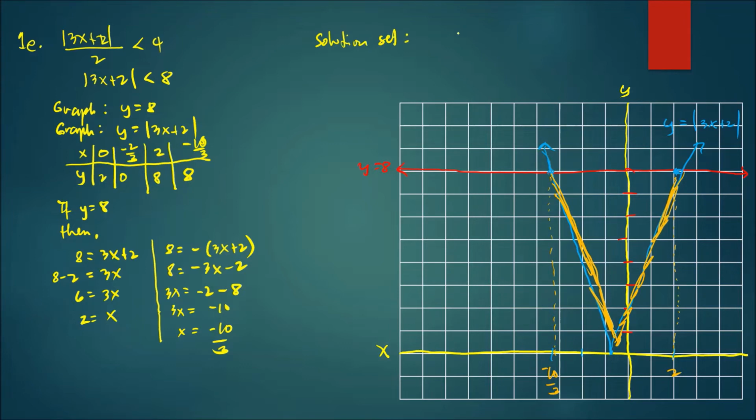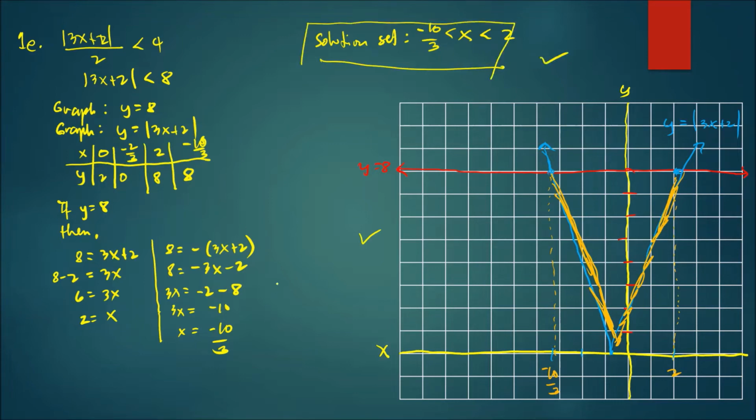So that would be x is greater than negative 10 by 3, but less than 2. Okay. So again, if you're able to graph it this way, give yourself 1 check. And if you were able to identify the solution set, give yourself another 1 check.